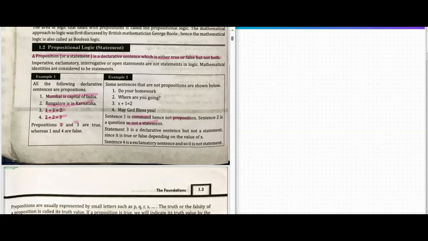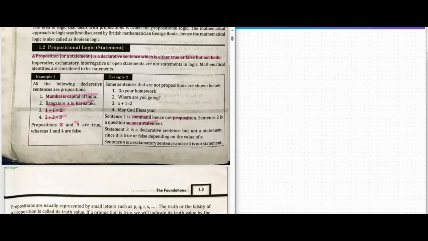Then sentence 3 is a declarative sentence but not a statement, since it is true or false depending on the value of x. Then sentence 4 is an exclamatory sentence, and so it is not a statement.